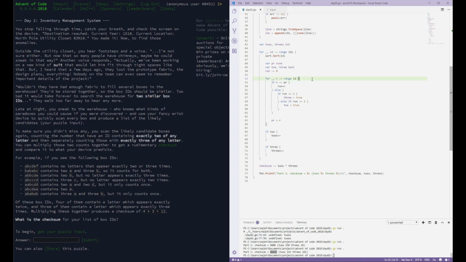So if we have AAABC, we start out with the rune being whatever that is. I suppose the run needs to be reset, equals 0.